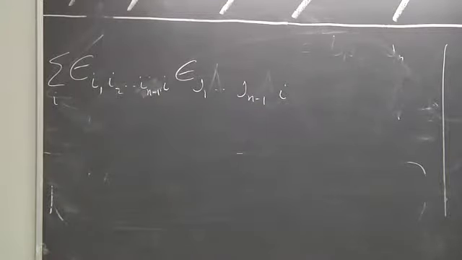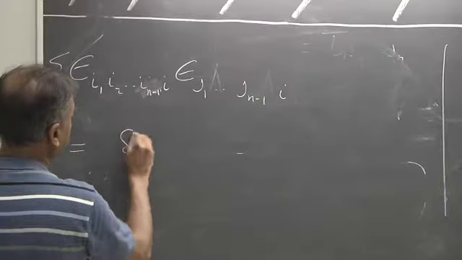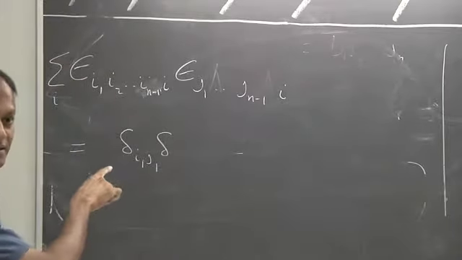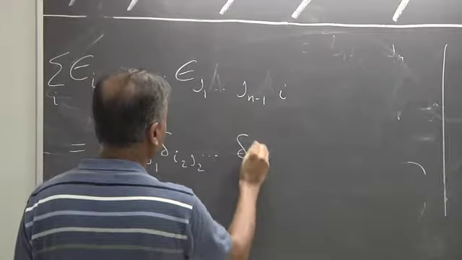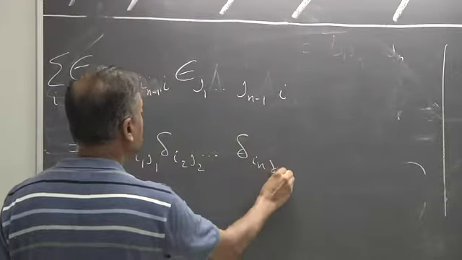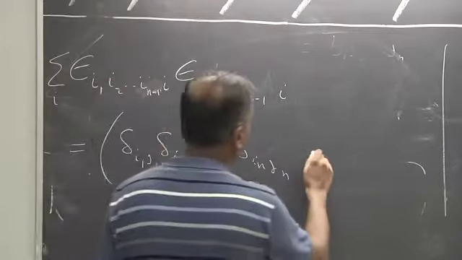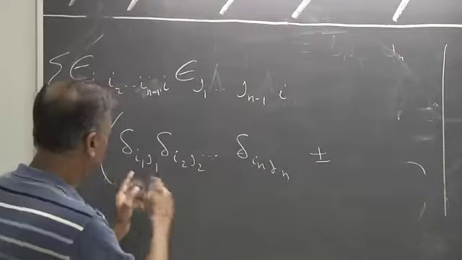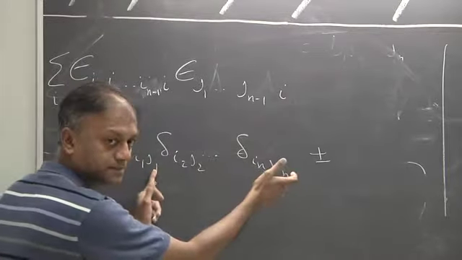Now there is a nice formula for that, and that formula is simply delta I1 J1, where delta is a Kronecker delta, times delta I2 J2, up to delta I(n-1) J(n-1), and then plus or minus all the permutations. Keep the positions of the i's fixed, then just permute the j's.